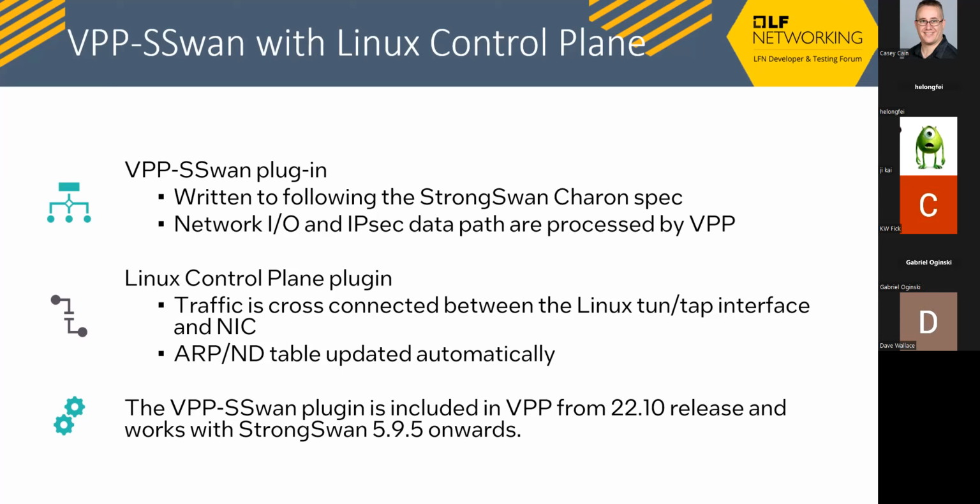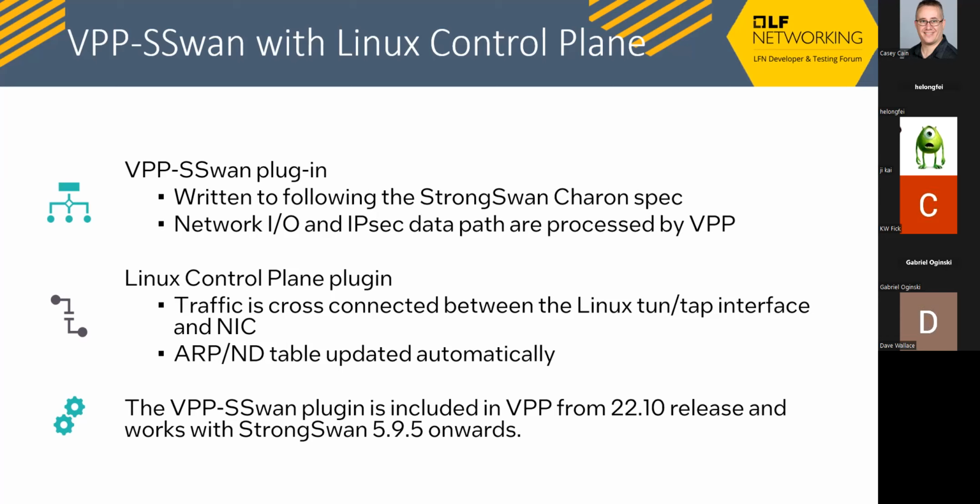VPP needs to find a way to route the incoming IKE packet to the Linux kernel stack and the outgoing IKE packet to the protected network adapters, preferably without a separate routing configuration for them. This is where the VPP Linux control plane plugin becomes useful.